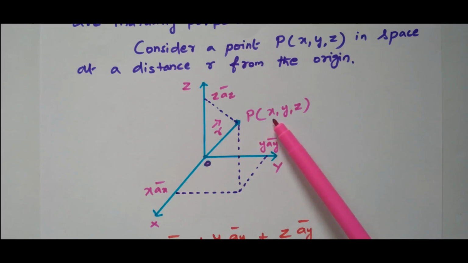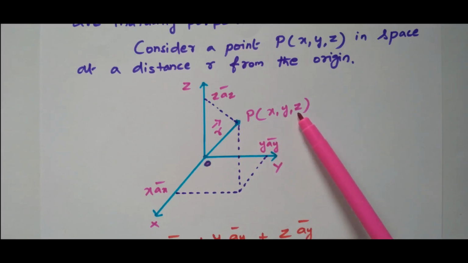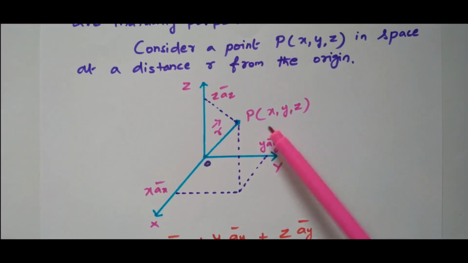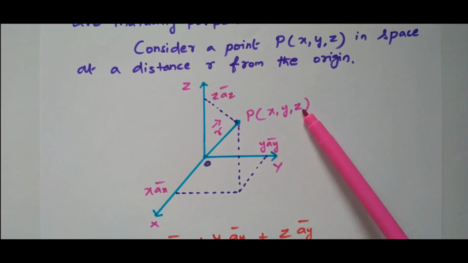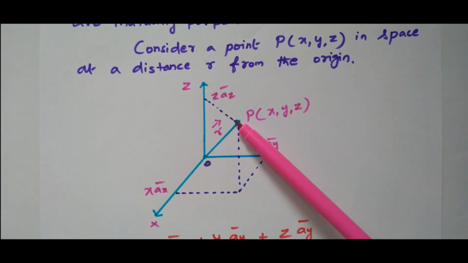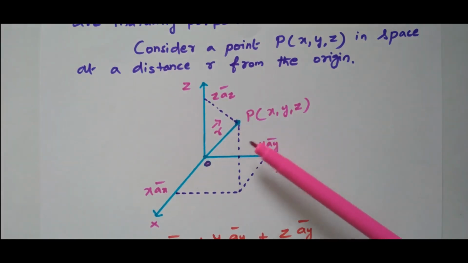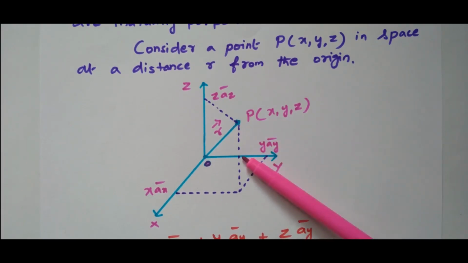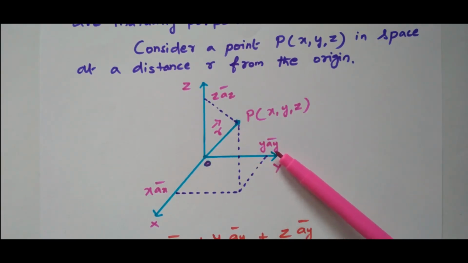So this is nothing but x, y and z, representing three different points. The corresponding value will be z az, that is the unit vector in the z axis. The corresponding value will be y ay, unit vector in the y axis. The corresponding value will be x ax, that is nothing but the unit vector in the x axis.